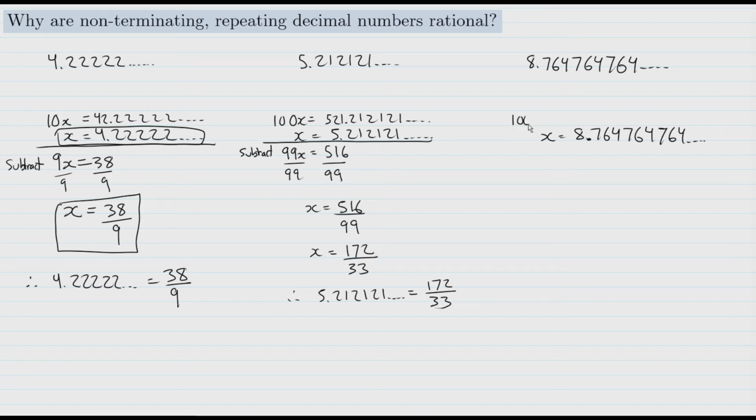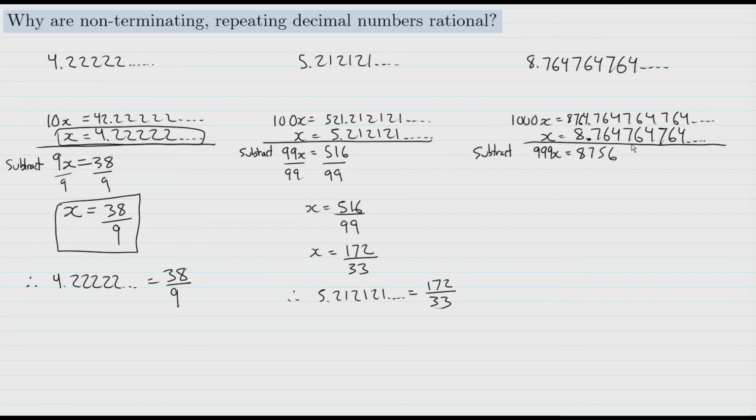So 1,000x equals, and when we multiply by 1,000, we'll have 8,764.764764 repeated. And let's subtract. So we'll write subtract here again. What does that give us? Well, that'll give us 999x on the left side, and 8,764 minus 8 gives us 8,756.